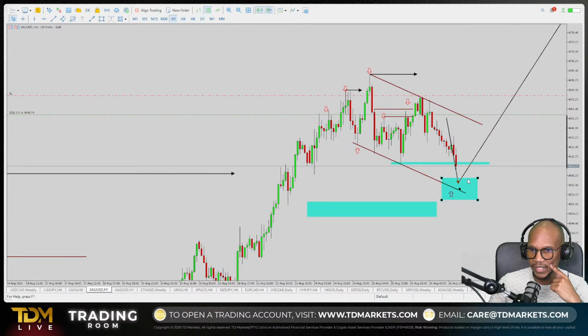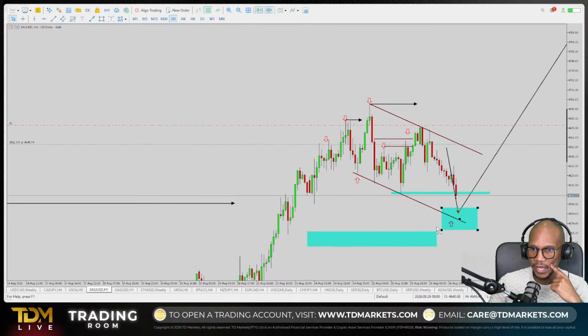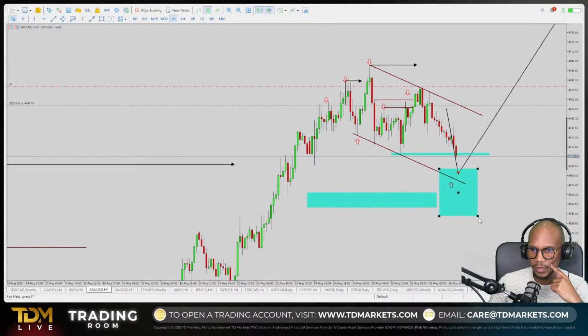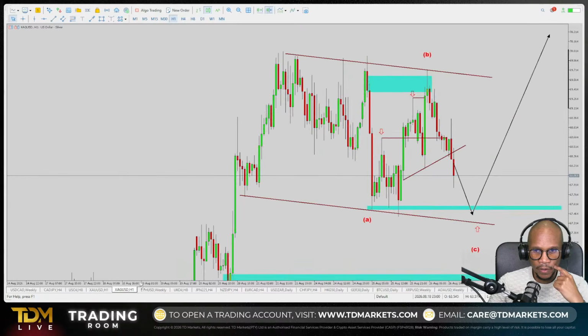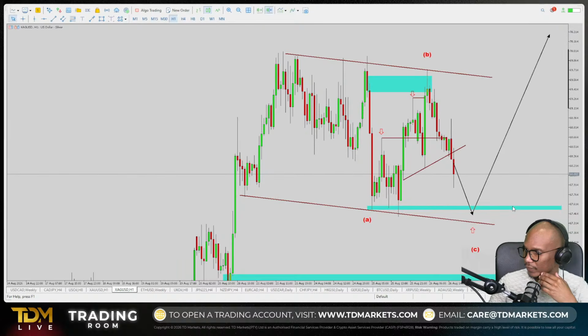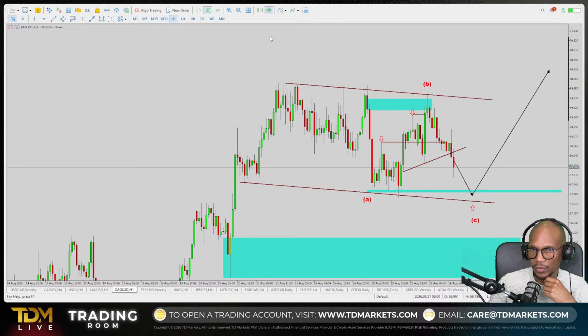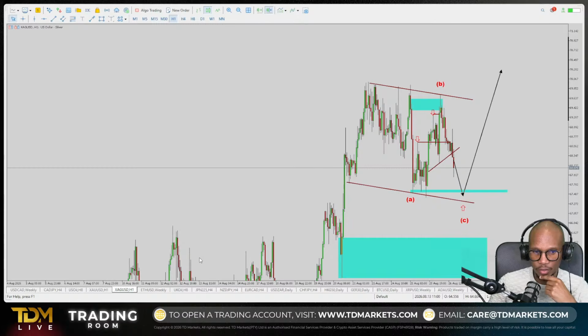Right? So as long as it has broken this low, anywhere around the zone, we are looking for buys now. Silver is also coming back down to this low. All right. So yeah, let's see.